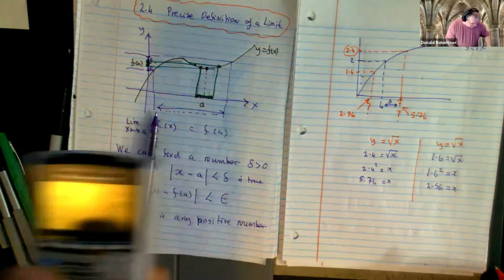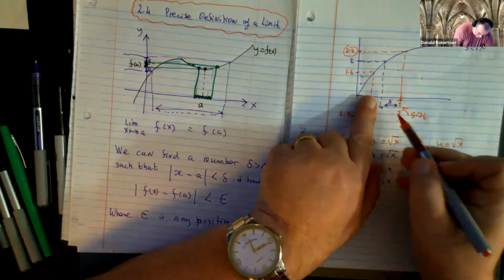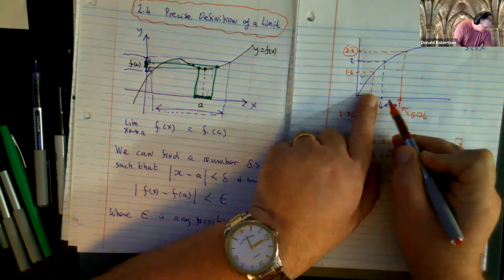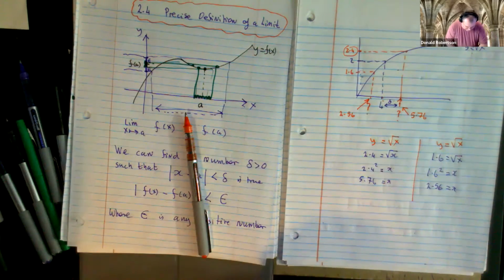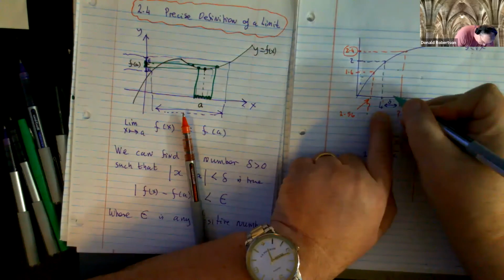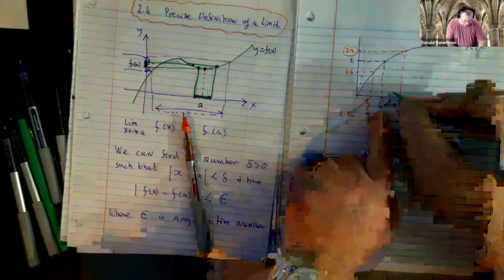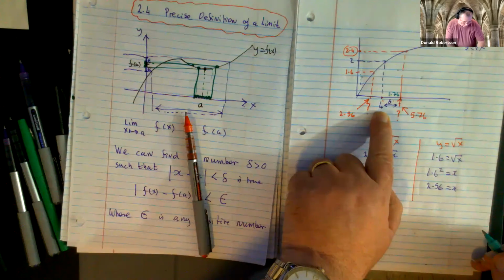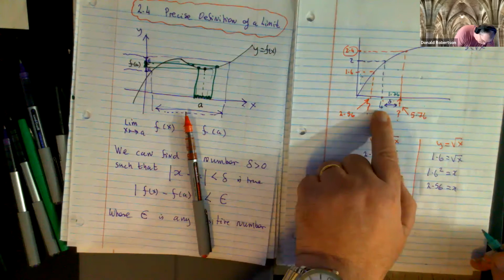So all we need to figure out now is what's delta. Now, isn't the delta the distance between here and here? Now, I can probably do that in my head. I hope I can anyway. 5.76 take away 4, I get 1.76. Are we good? Now, if you go 4 take away 2.56, would you agree if you subtract them, you get 1.44?